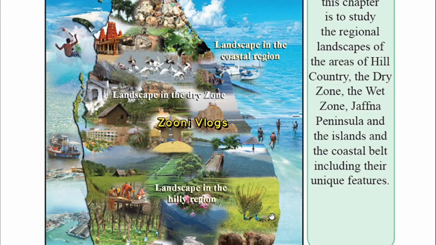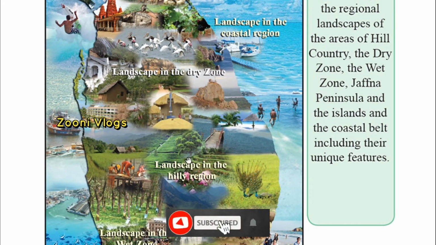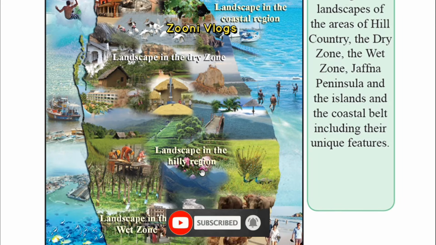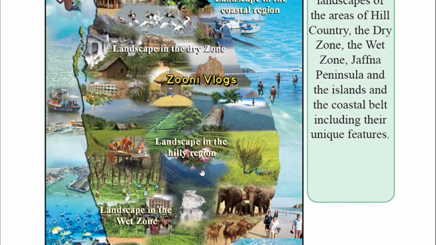And here, the landscape in the hilly region. Now you can see that in each and every place there is a diversity, a difference between each and every area. And here, the landscape in the wet zone.